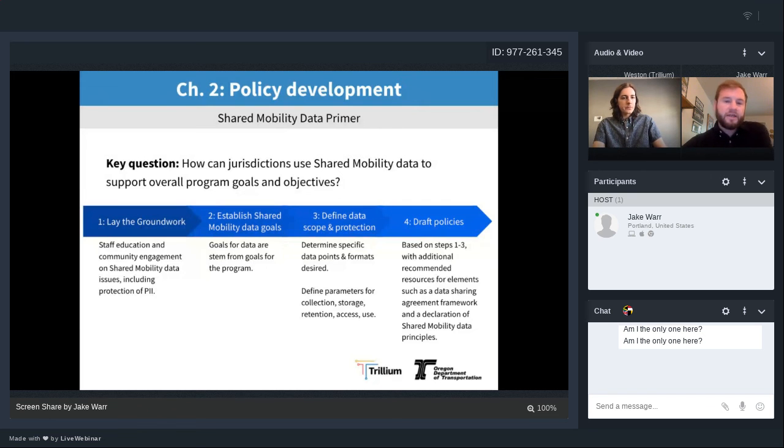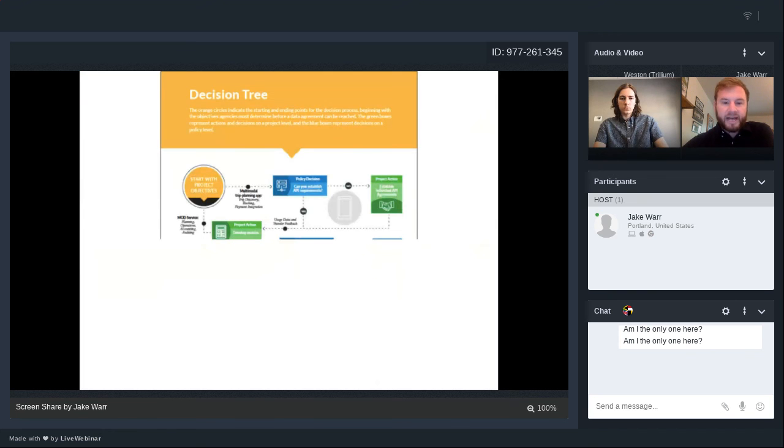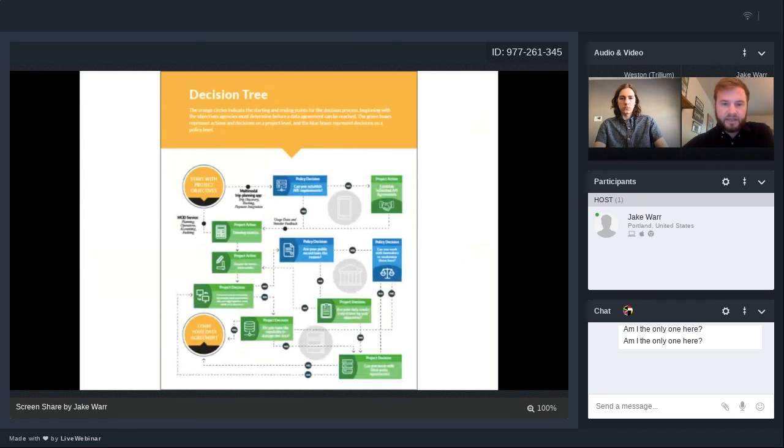So in the primer, we also provide a data sharing agreement framework that jurisdictions can use. We suggest a declaration of shared mobility data principles that can be a good resource, and all of that is linked in the primer. One of the pieces we highlight is a decision tree for this policy-making process.